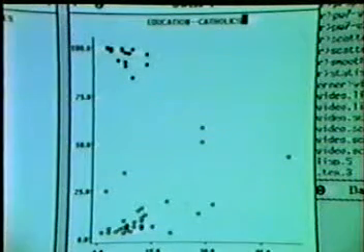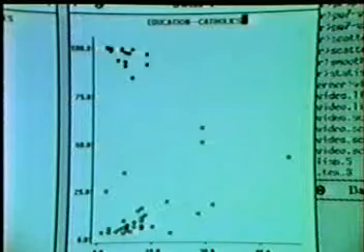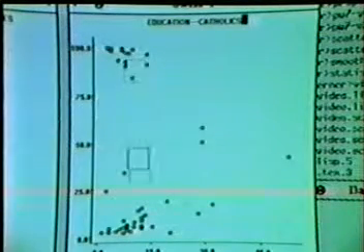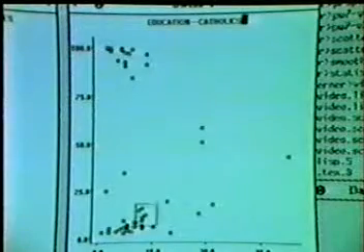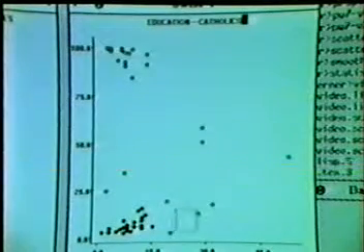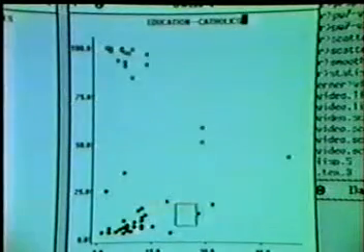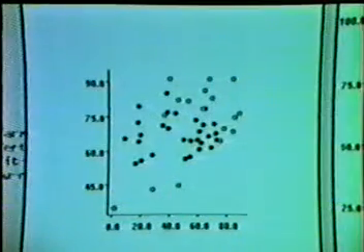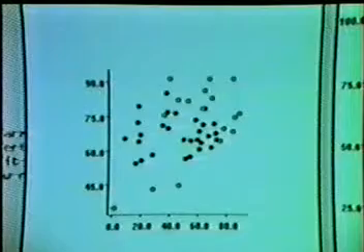Next, we highlight the observations with low percentage Catholic. They tend to have lower percentage of farmers and lower fertility.